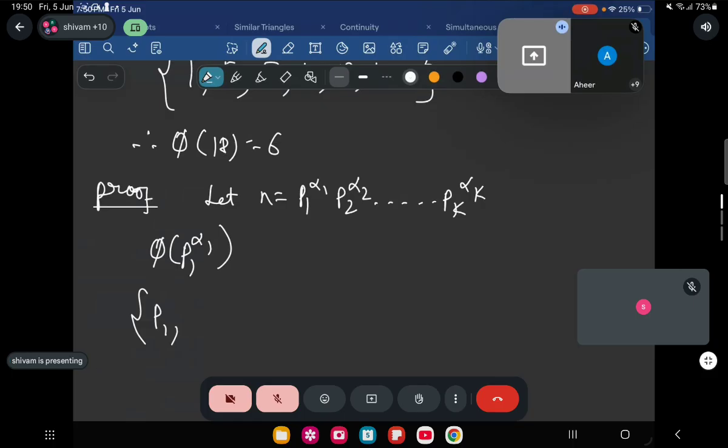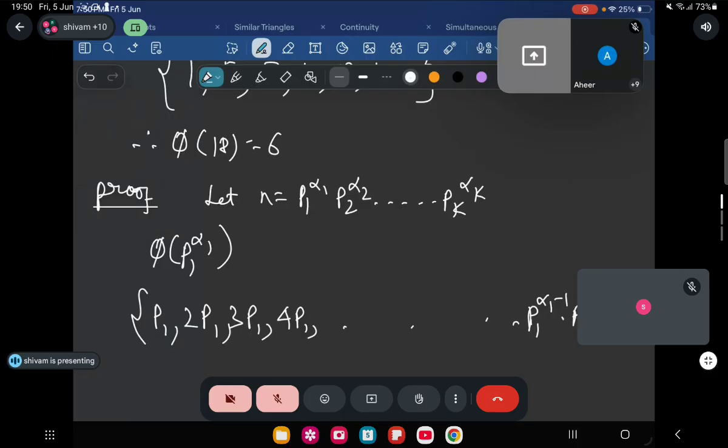Next, 2p1 and p1 to the power alpha 1 also have a common factor. 3p1, 4p1 also have a common factor. Like this, it goes on up to p1 to the power alpha 1 minus 1 multiplied by p1. Are you getting this?